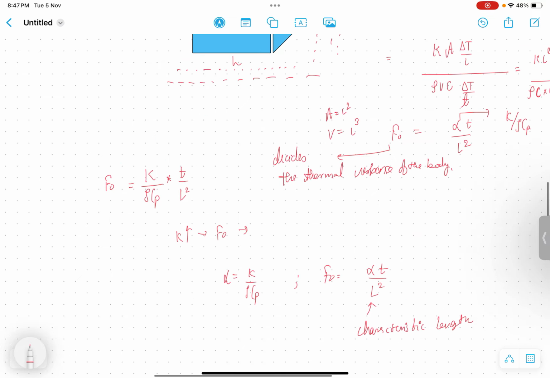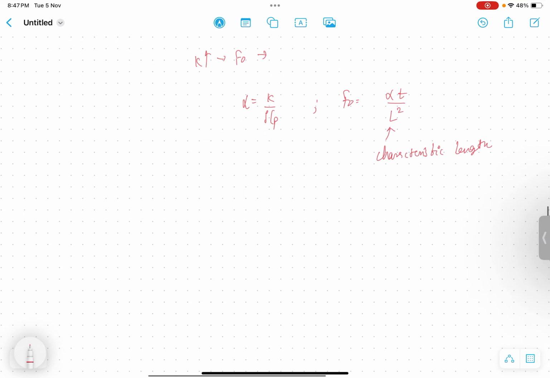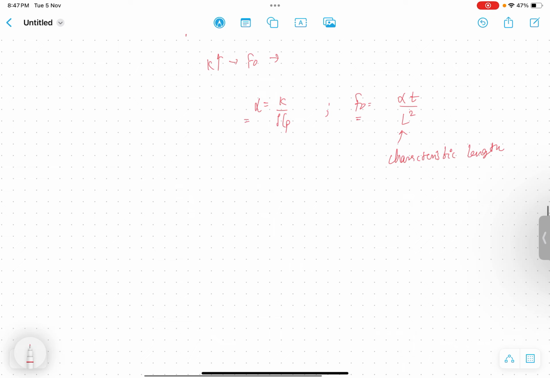For our case this is a cube, so this is L only, but we will see how to find the characteristic length for any body. Okay, so alpha and Fourier number have the same physical significance. Both represent how fast the heat will propagate before it gets absorbed inside the body.